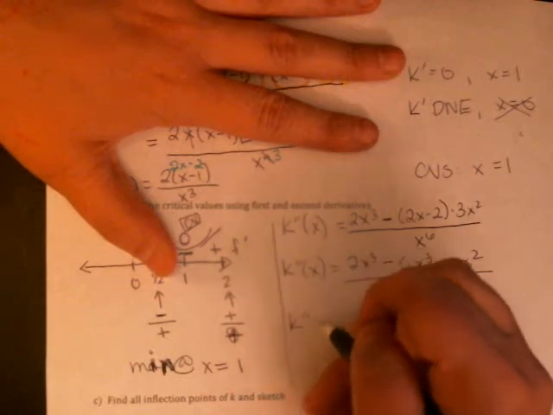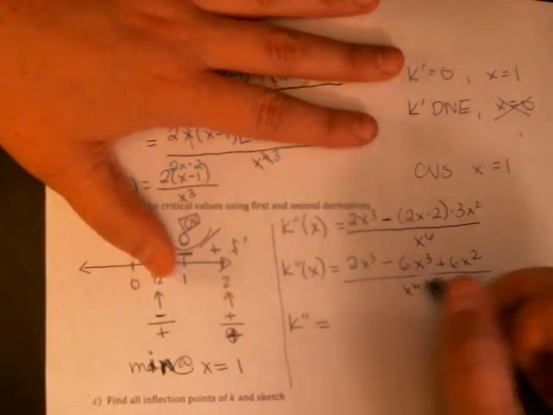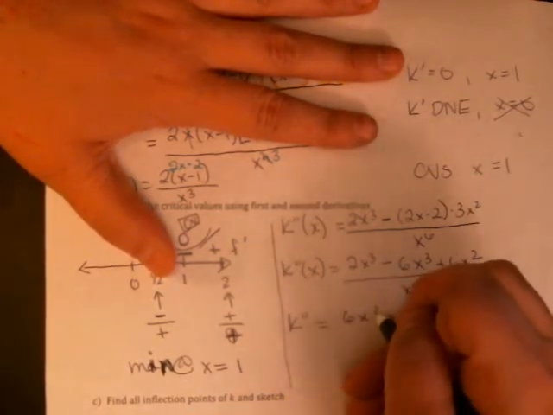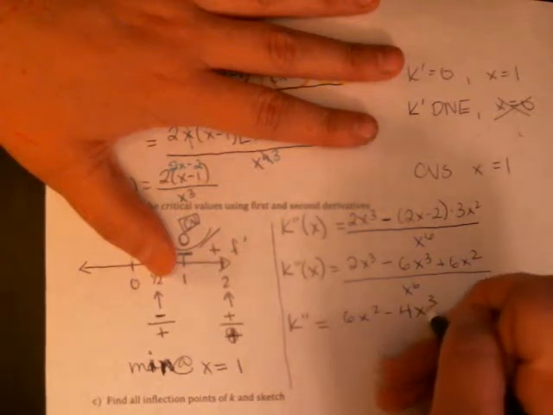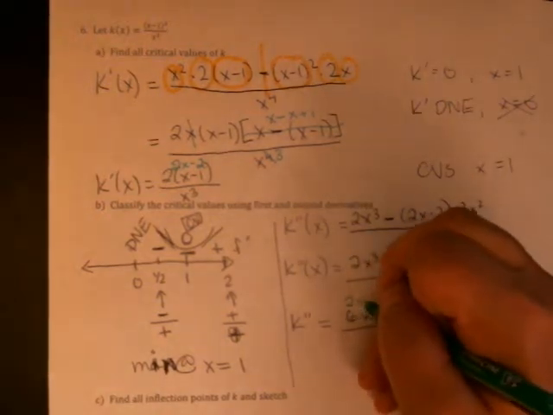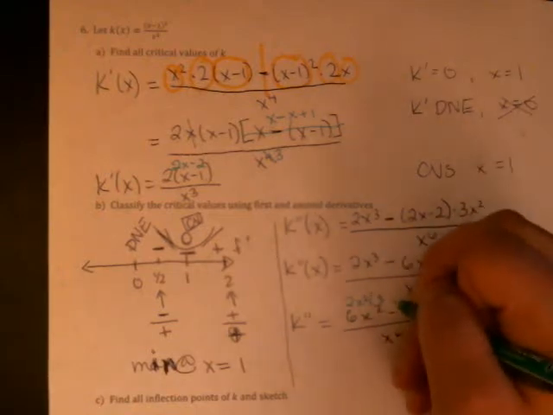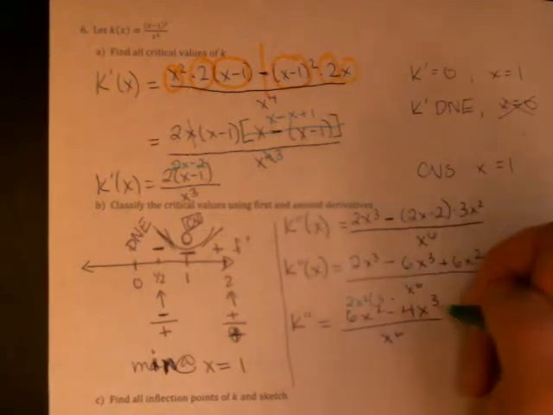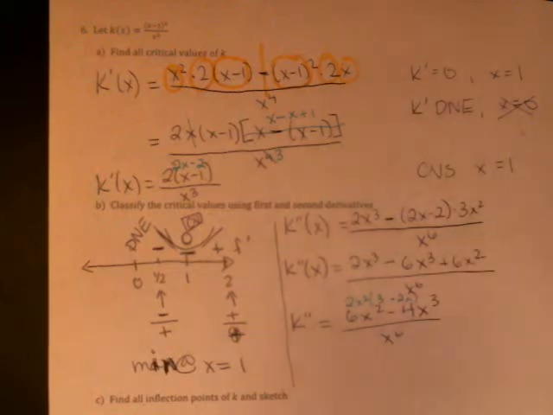So f double prime is equal to 6x squared minus 4x cubed over x to the 6th. And I could factor out a 2x squared. I'm going to see what that looks like. I'd be left with a 3 minus 2x.